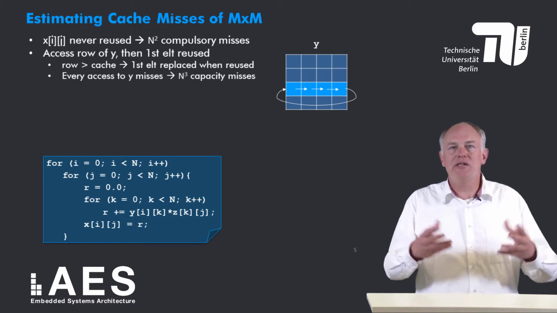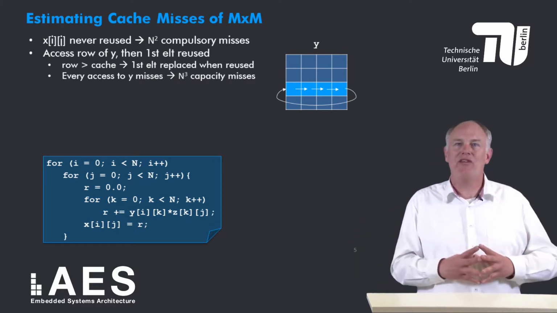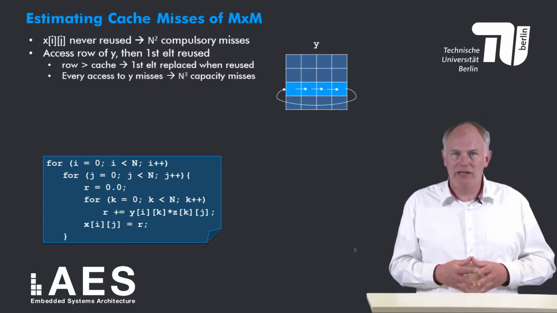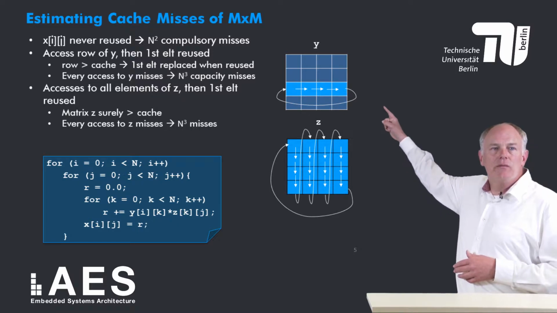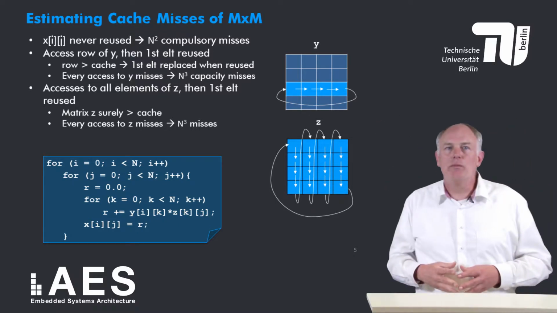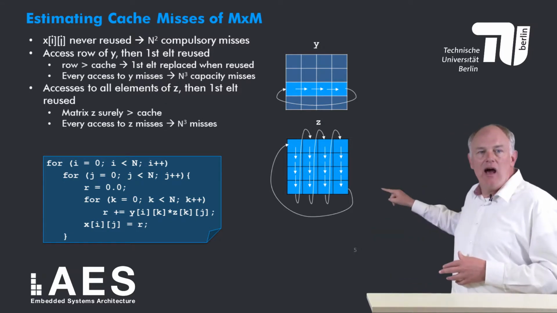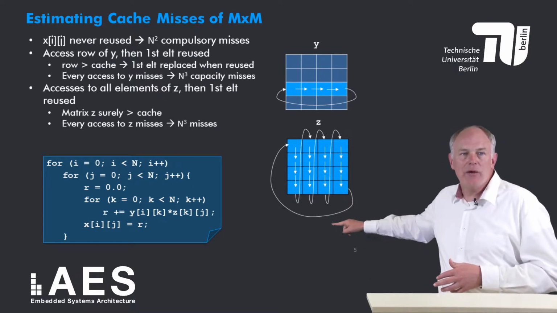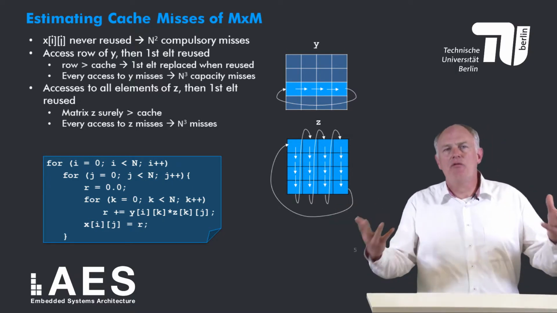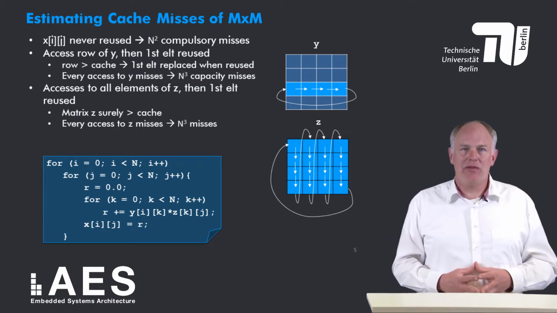In fact, the first n square accesses are compulsory misses and the remaining accesses are capacity misses, but this is too much detail. Now consider the two inner loops, the J loop and the K loop. It accesses all elements of Z, and then after i is incremented, the first element is reused. If a row is larger than the cache, the matrix Z is surely larger than the cache.